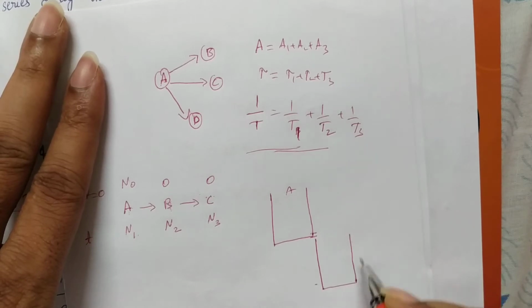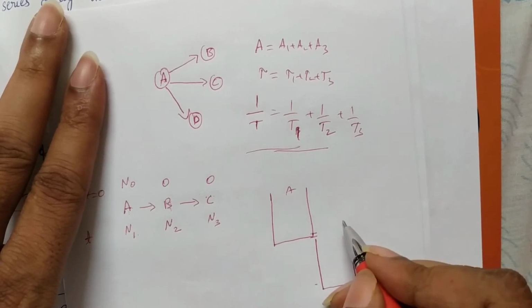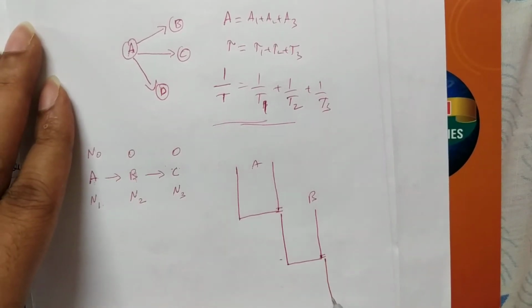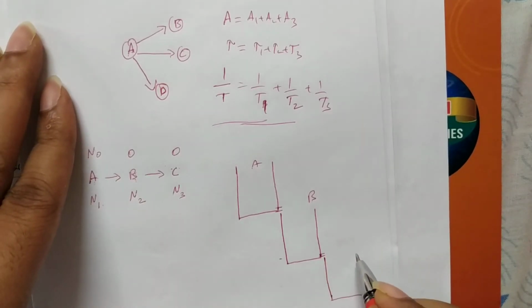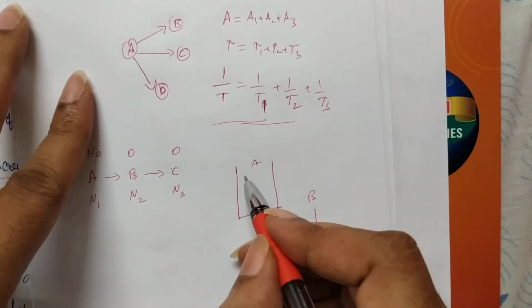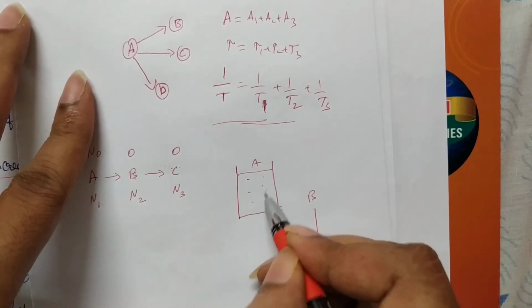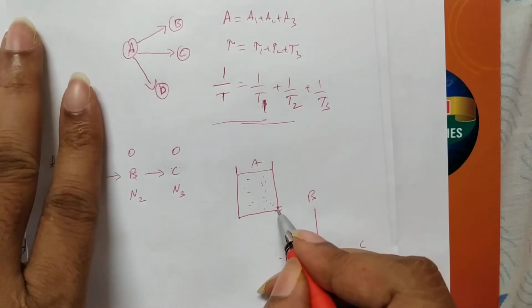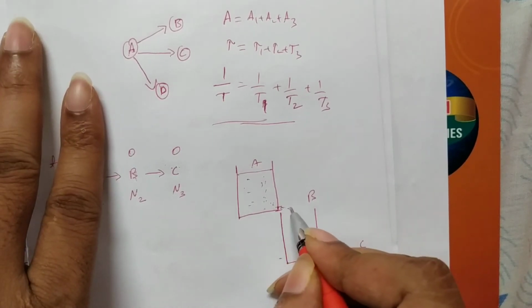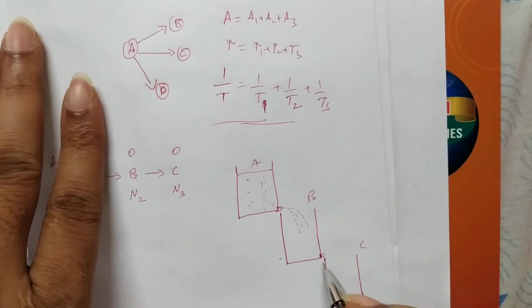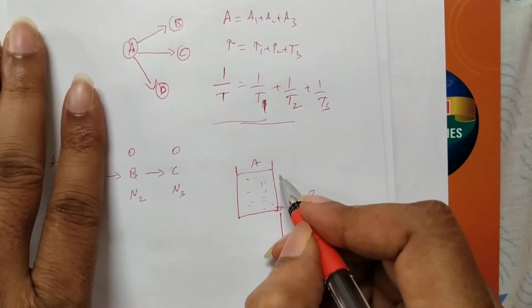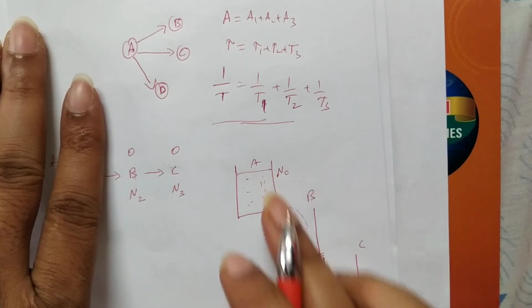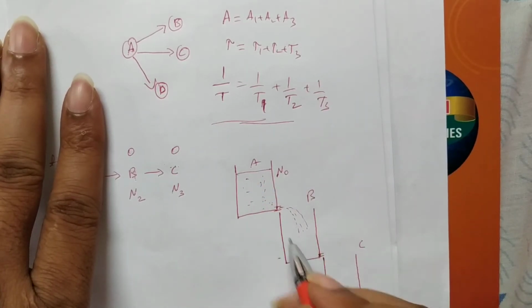With another tub, this is the B tub, and this you can take as C. Initially A has water, the A tub has liquid that leaks outside and falls into B. Initially the number of nuclei here is N0, you can think of the liquid like a number of nuclei, and this leaks outside.